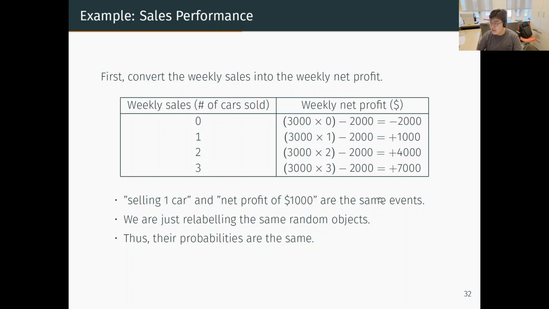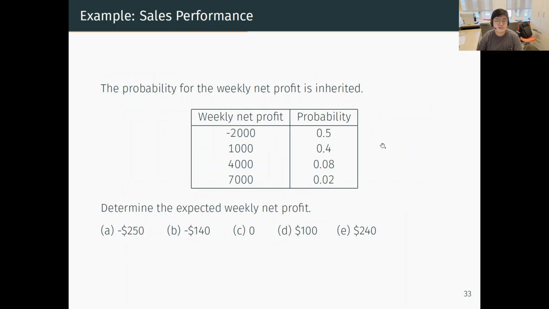So that means the probability distribution for the number of cars must remain the same for the net profit, like this, right? I just changed 0, 1, 2, 3 into minus 2,000, 1,000, 4,000, 7,000 because I changed the unit from number of cars to dollars.